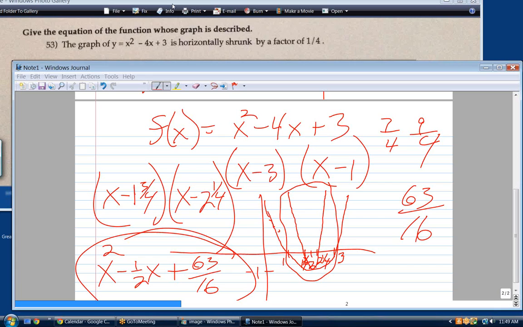Go ahead and reboot and log back in. The meeting ID number again is 716-957-493.